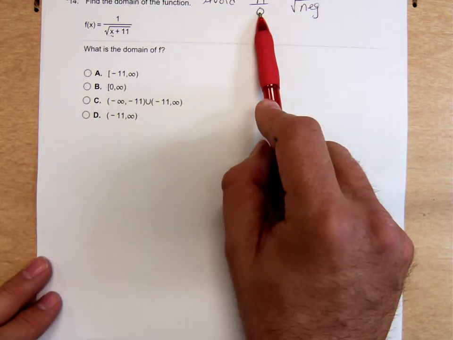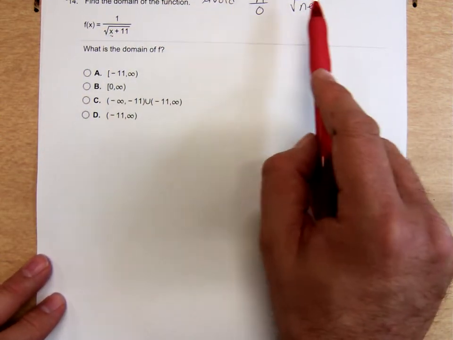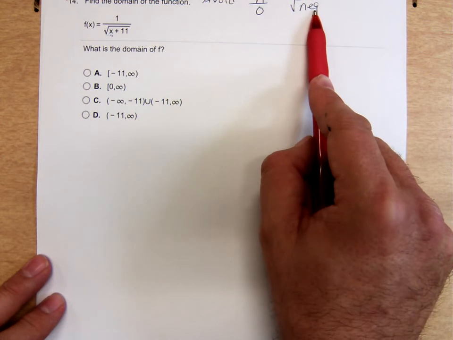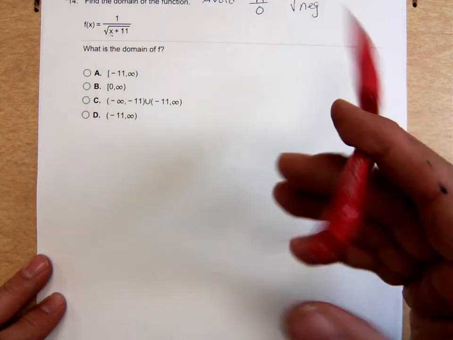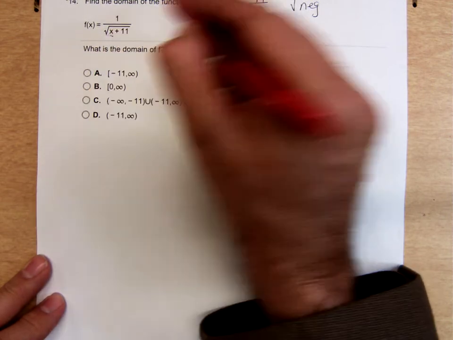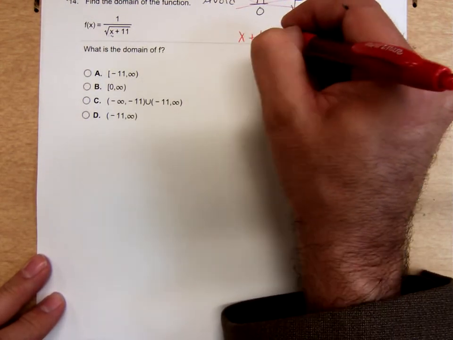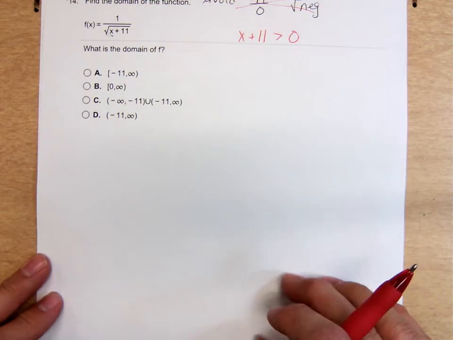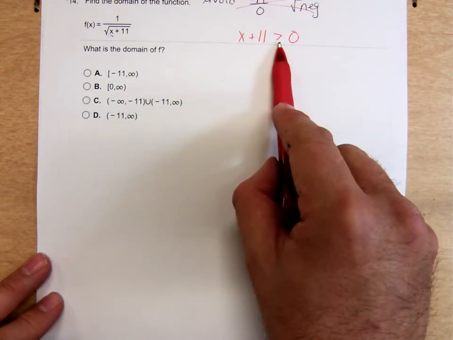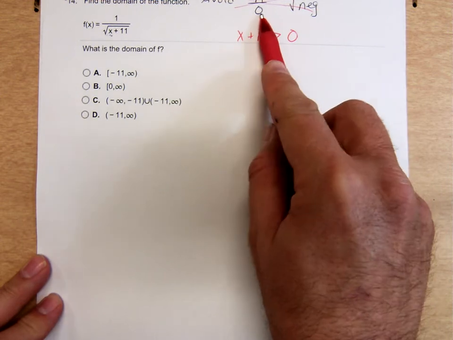We want to make sure we're not getting a 0 in the bottom, and we're not getting negatives under the square root. In other words, we want what's underneath that square root to be greater than 0. We don't want it to actually equal 0, because if it equals 0, you'd have a 0 in the bottom of a fraction.